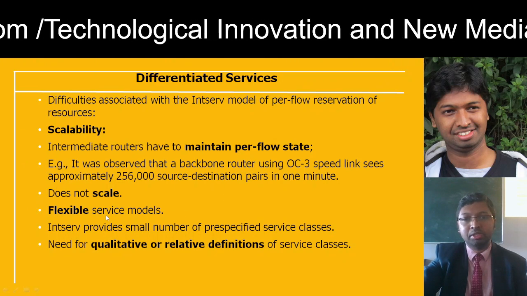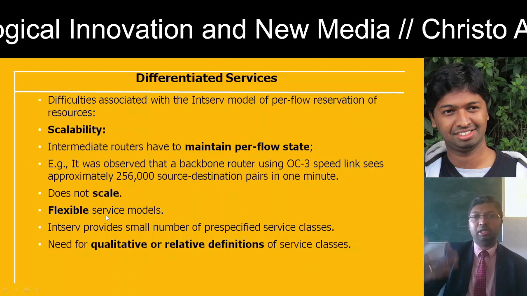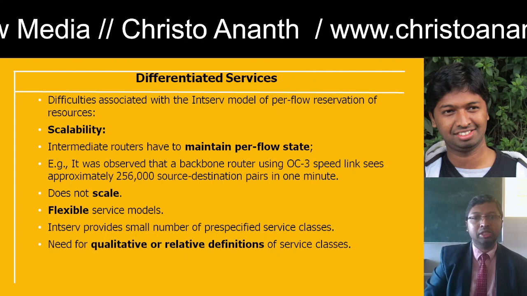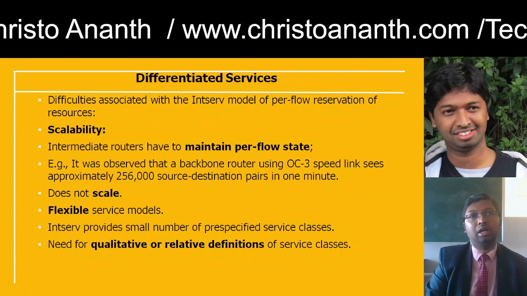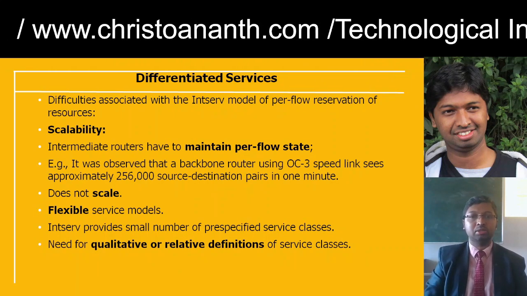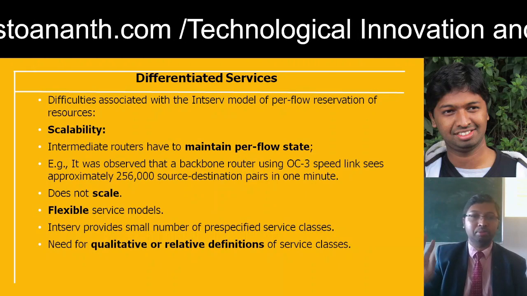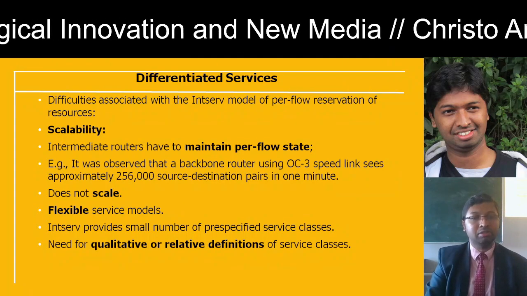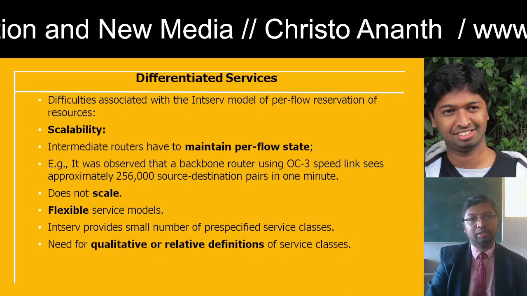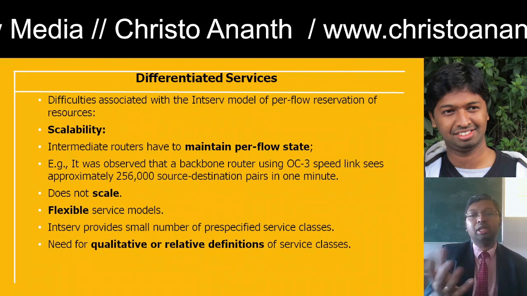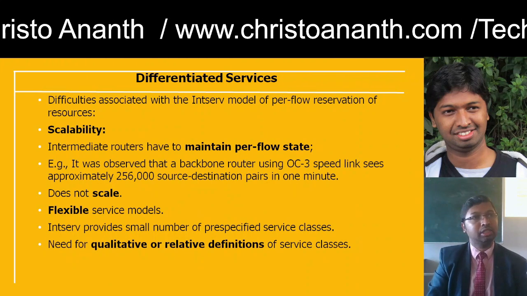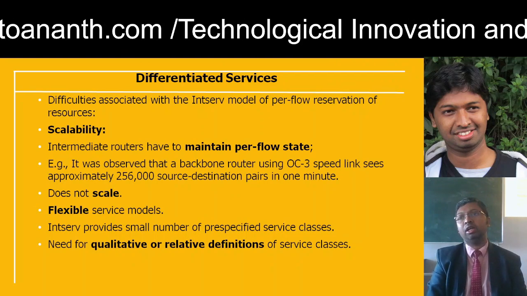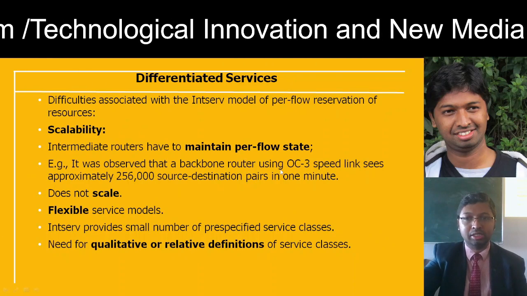It was observed that a backbone router using an optical communication OC3 speed link would see 256,000 source to destination pairs in just 1 minute, so it does not scale. But it is a flexible service model. IntServ generally provides a small number of pre-specified service classes, and you can use this for qualitative or relative definitions of the service classes.